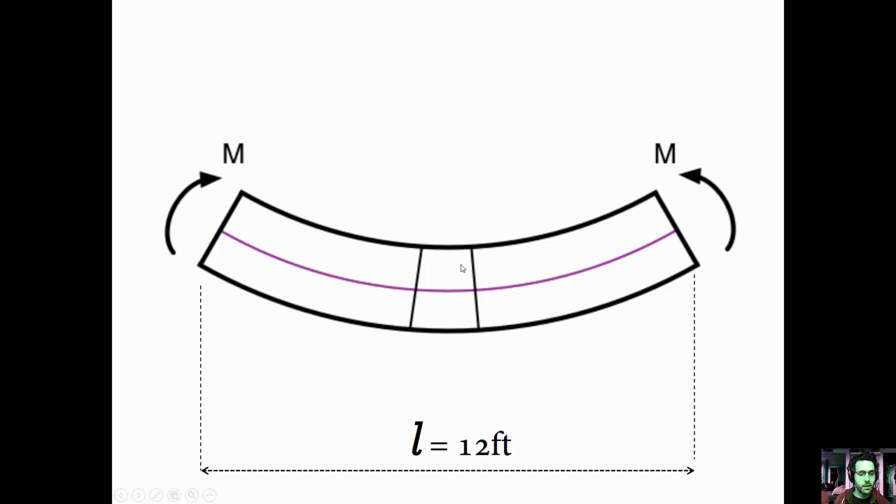And visually, you can already kind of tell where we're going with this. If you look at the diagram and you make a guess as to where this will be the greatest, you can see very clearly the middle of the beam is where we expect the biggest bending moment, because there's going to be the most bending there.